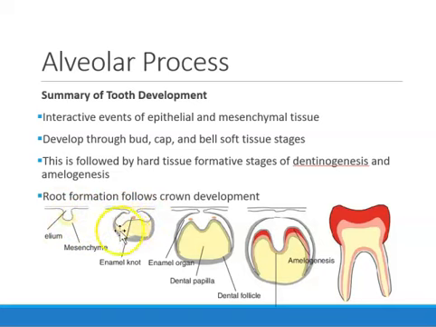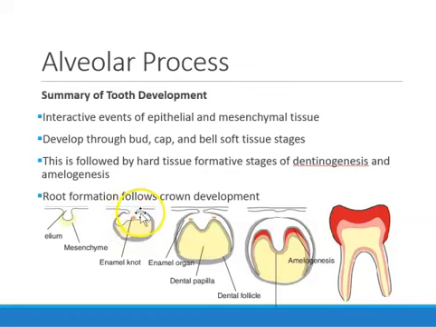Then it becomes a cap. This is the cap, and there's something called the enamel knot. The enamel knot is formed on top of the cusp, and it's a signaling center that dictates the shape of the tooth.